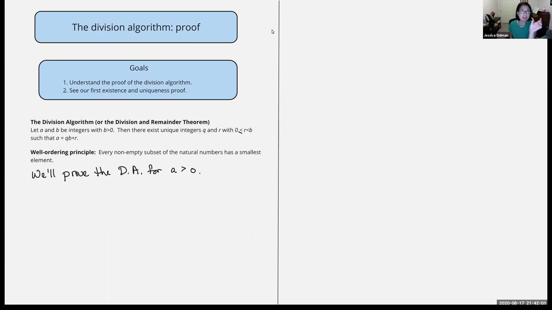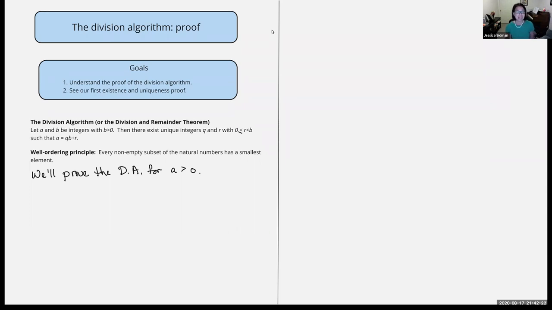But what I want you to see is that this is an example of an existence and uniqueness proof. It's something we haven't seen before, but it's an example of something you may see again, right? And so the first time you see something, it seems wild and creative. The second or third time, it starts to seem like a method, something that you have experience with.